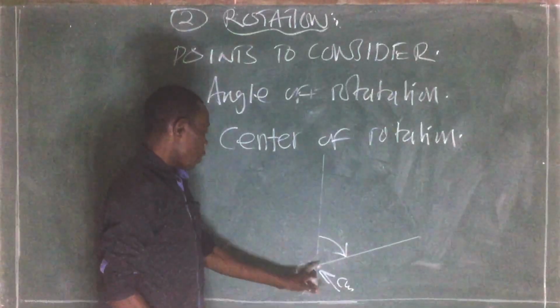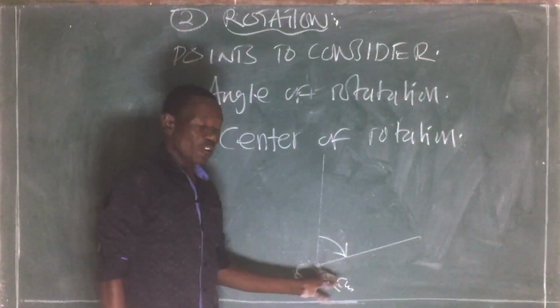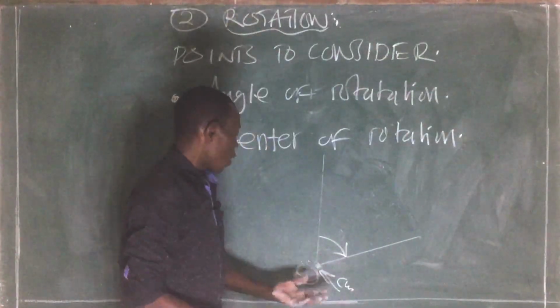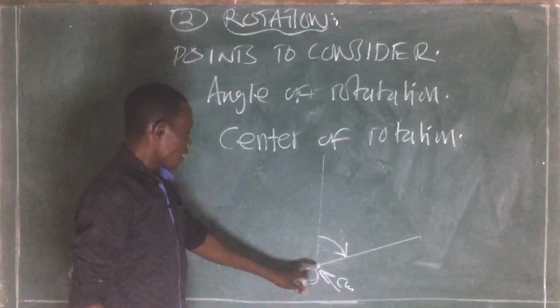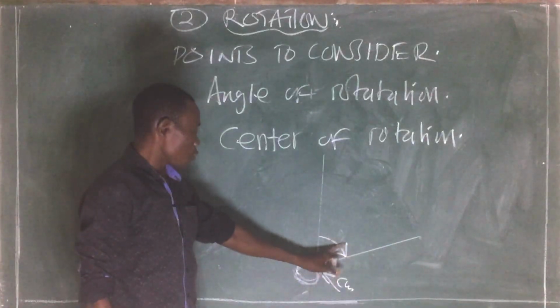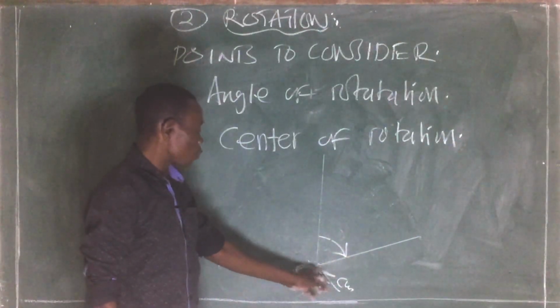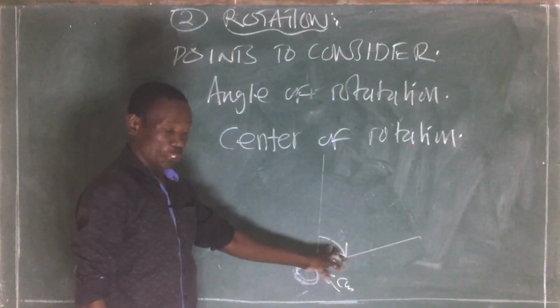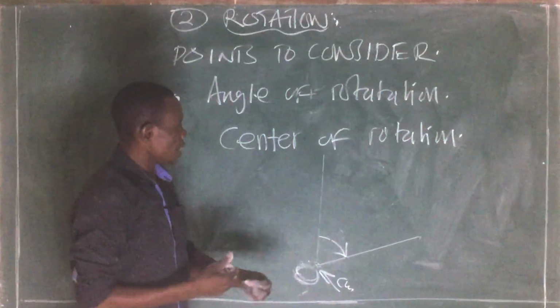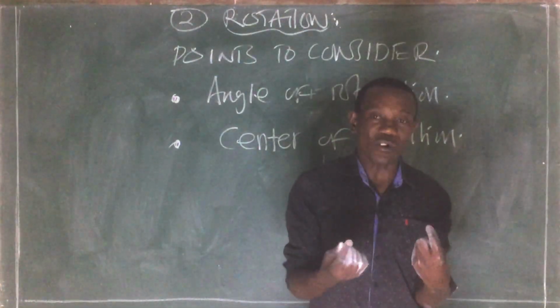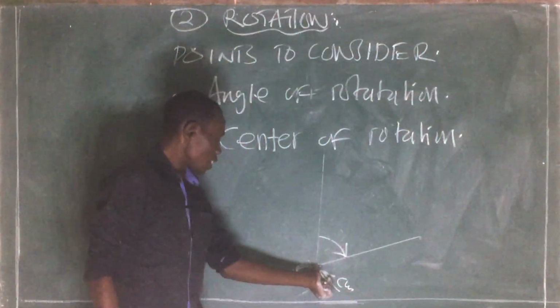Right. So it means angle of rotation and center of rotation are just like working together. You talk of angle of rotation only when you have got the center of rotation. The center will also affect the what? The angle of rotation. So the center is a point at which the object is turning or rotating.